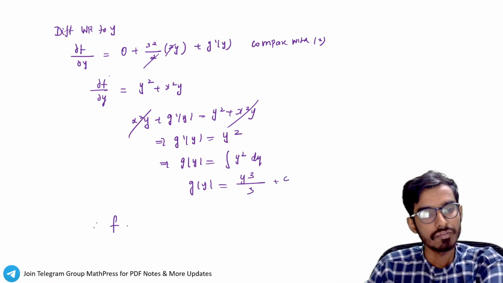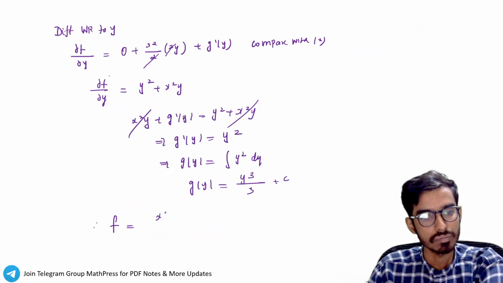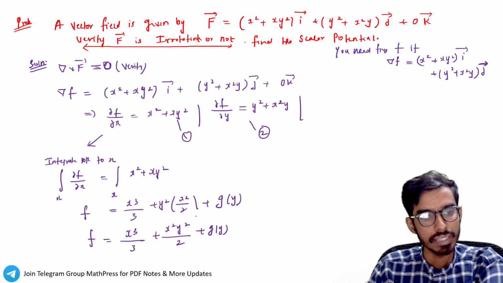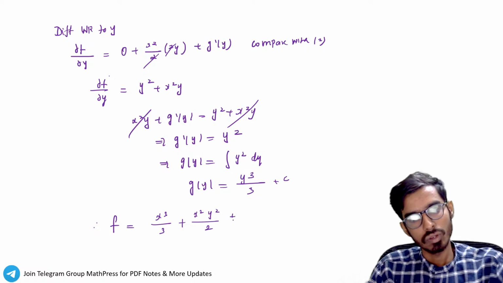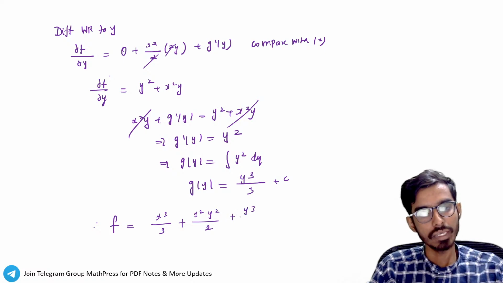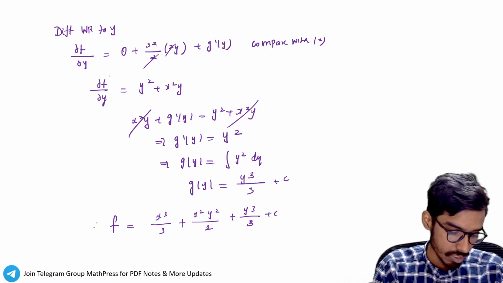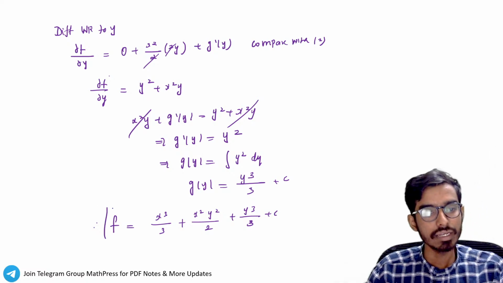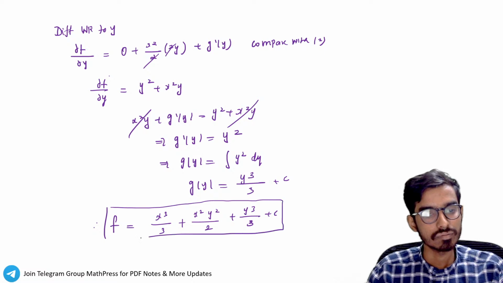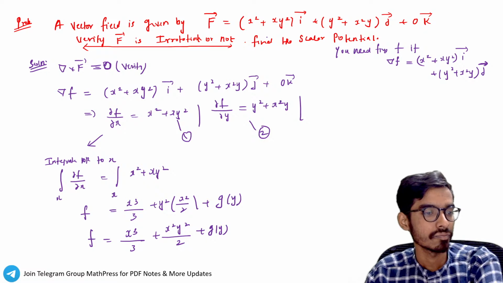Therefore the function f is x cube by 3 plus x square y square by 2 plus y cube by 3 plus c. This is the required scalar potential. Is it clear? If you want, you can find the gradient of this function and you will get this as the answer.